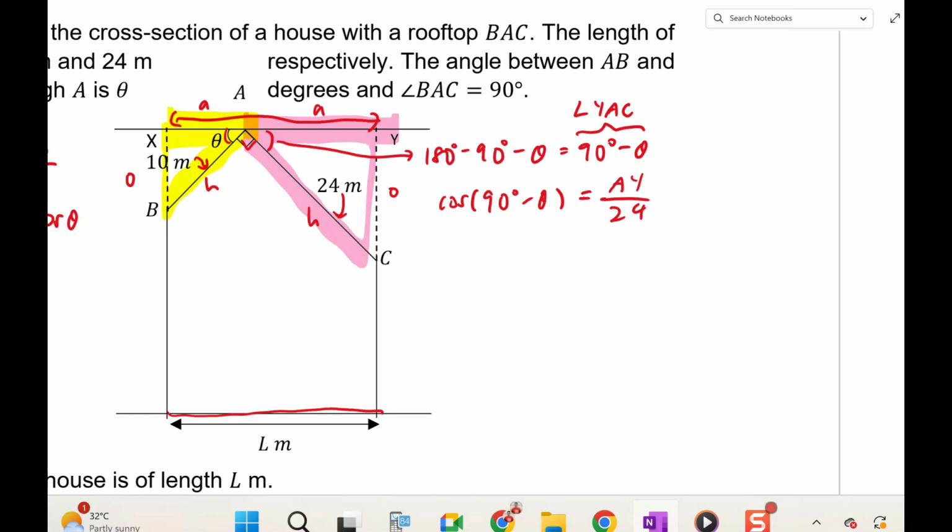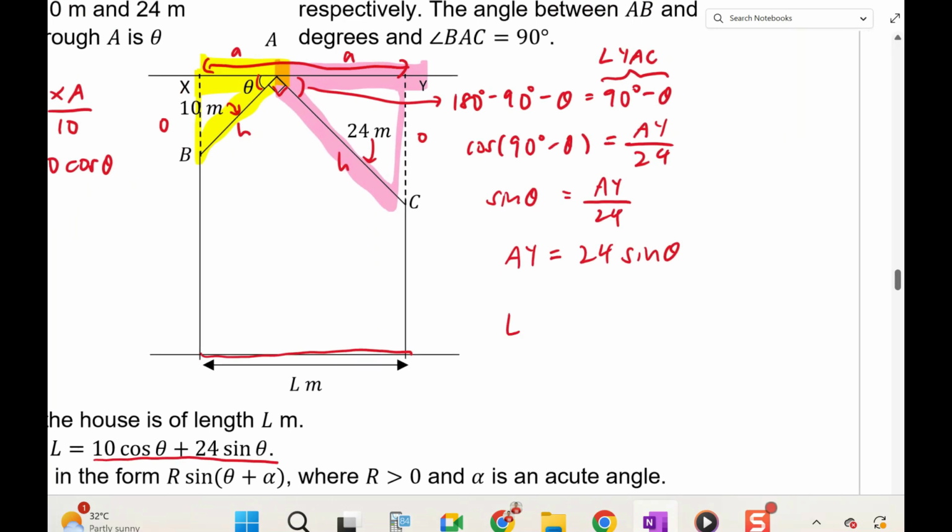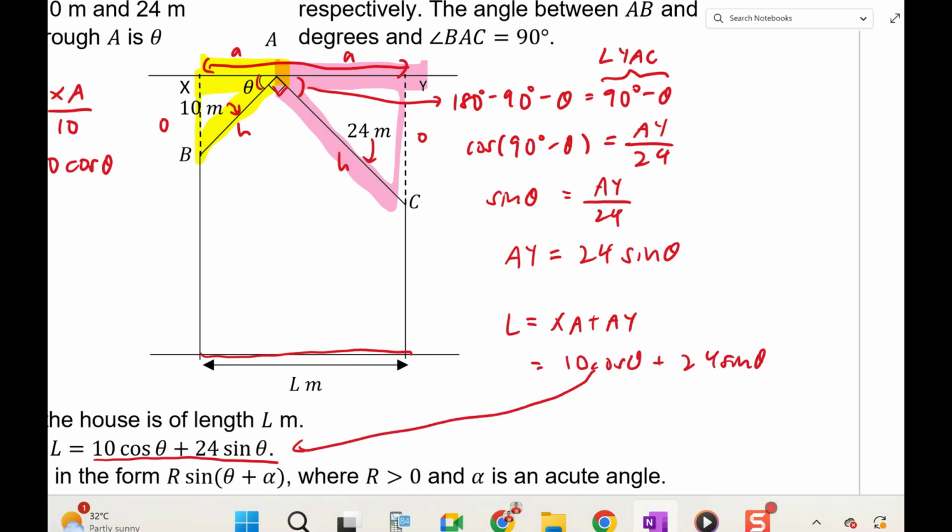From our trigo identities, we know that cosine 90 minus theta is also equal to sine theta. Therefore, we'll let sine theta equal AY over 24. And then using cross multiplication, making AY the subject, AY equals 24 sine theta. L equals XA plus AY, which is equal to 10 cosine theta plus 24 sine theta. And that's how we arrive at this equation.